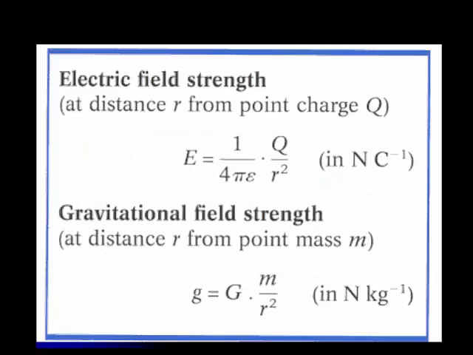Now, if we look at electric field strength, again, we try and highlight the similarities here. Electric field strength at a distance r from point charge q, we see again a constant multiplied by the point charge divided by r squared. And for the gravitational field strength, we have a constant multiplied by a point mass divided by r squared.